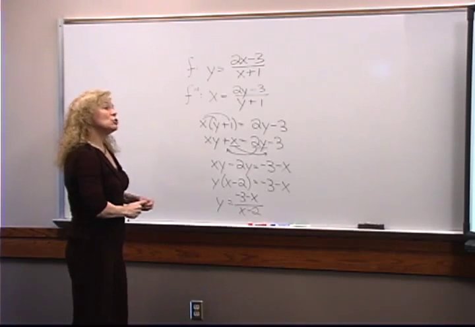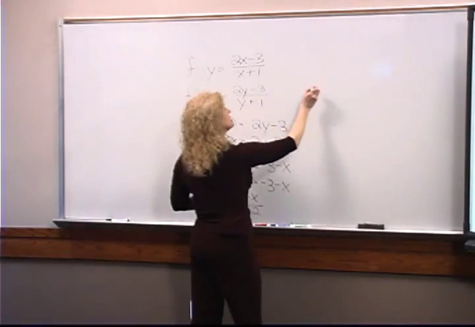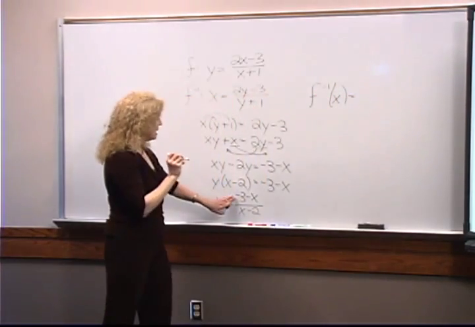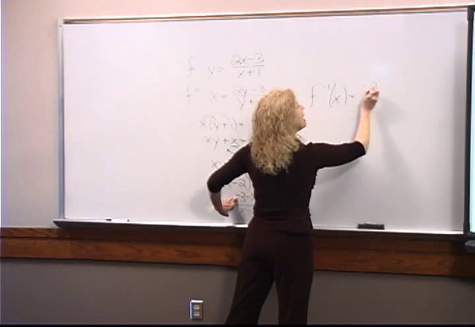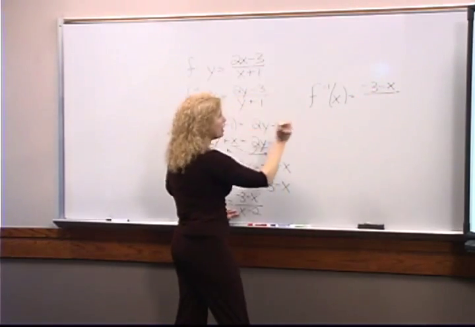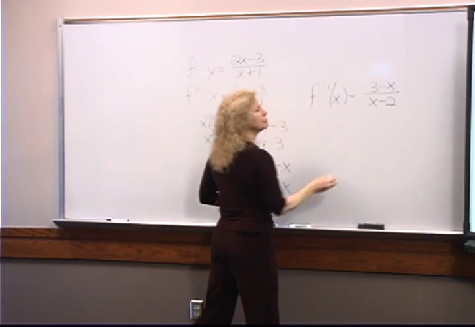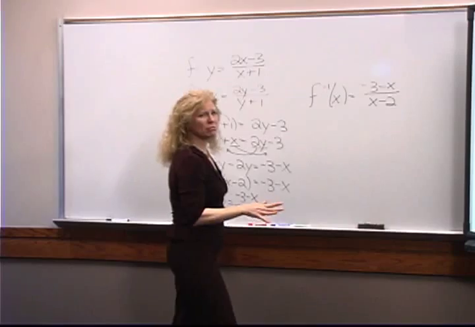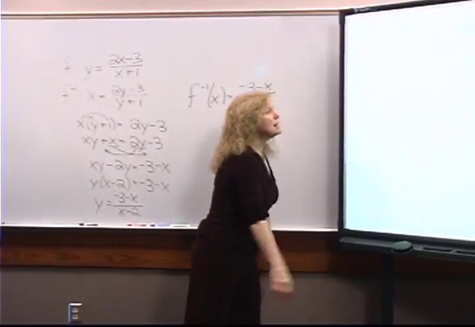Okay? So the rule for my inverse, if I want to go back into function notation, would be negative 3 minus x over x minus 2. I know, those are scary. Now, to kind of recap what's going on here with our inverse functions. And remember, inverse and reverse are not far apart in our language, and they're not far apart in concepts here.